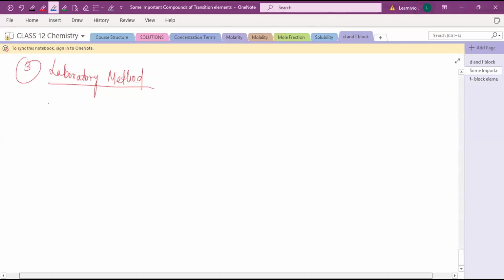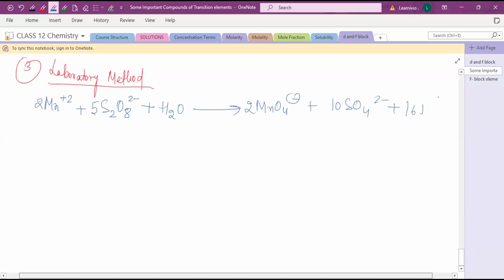So Mn2 plus with S2O8 2 minus, S2O8 के साथ आप react कराते हो in the presence of water. You can write the balanced chemical reaction: 2Mn2 plus plus 5S2O8 2 minus. So it will give you 2MnO4 minus plus 10SO4 2 minus sulfate ion plus your 16H plus.